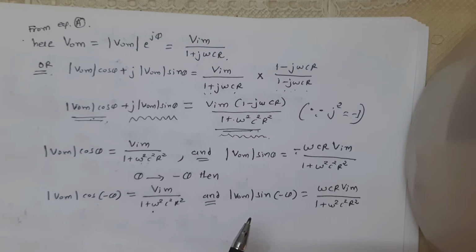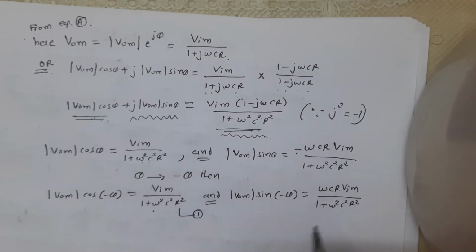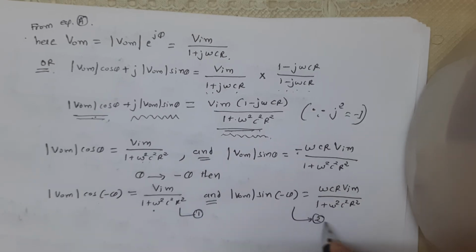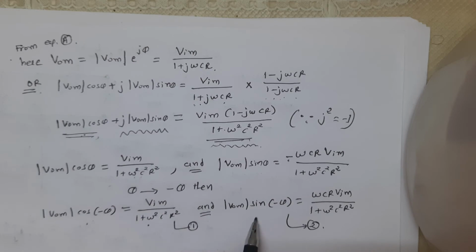So from the above, this is our equation 1, this is our equation 2. We know that sine square theta plus cos square theta is equal to 1.